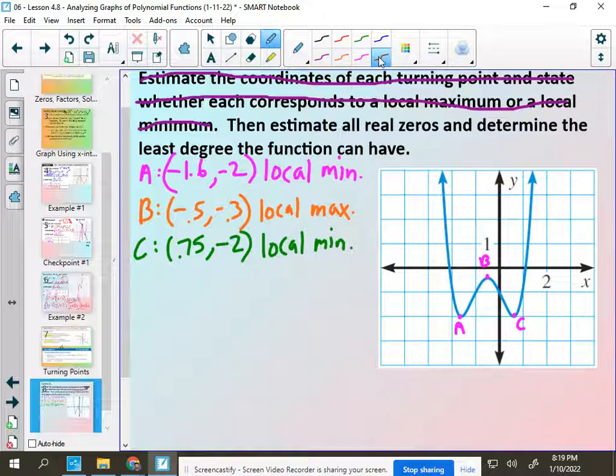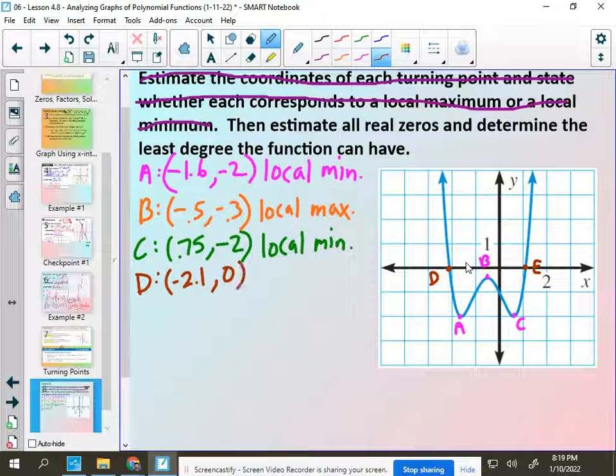Do you know that this right there would be a real zero and that right there would be a real zero? Let's call those points D and E. So I'm basically also checking, do you know that zeros mean x-intercepts? Real zeros mean x-intercepts. So D would have the coordinates, that's almost 2, a little bit past though, let's say -2.1, 0.